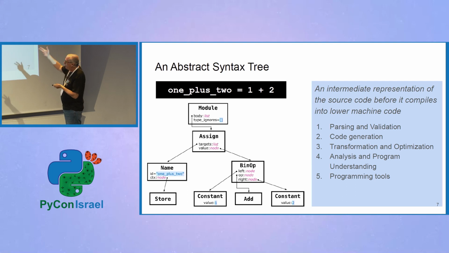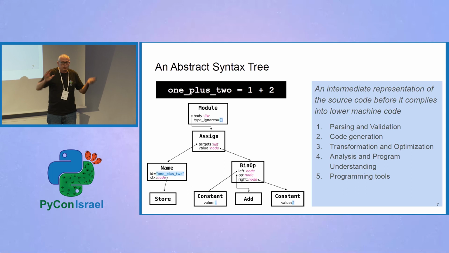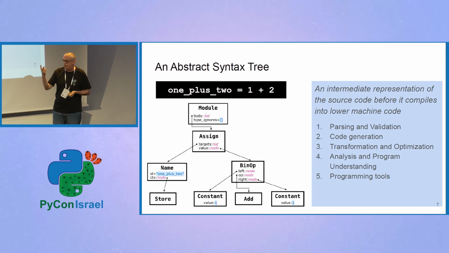Then transformation and optimization. Many compilers, even the simplest ones, will take the binary operation add, figure out that there are two constants here, 1 and 2, and actually will not generate the add. They will transform the program into 1 plus 2 equals 3 and remove the add from the machine code. So the program will run faster.